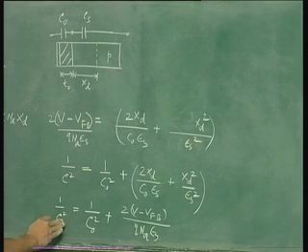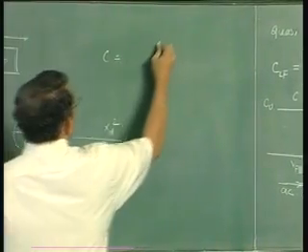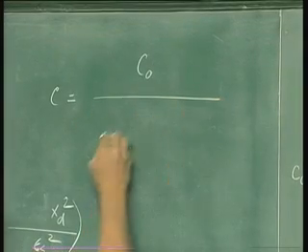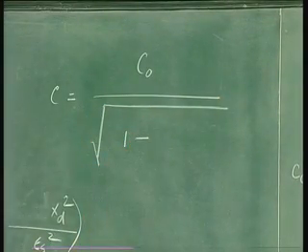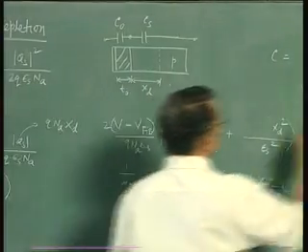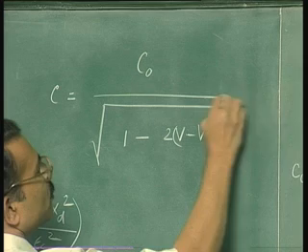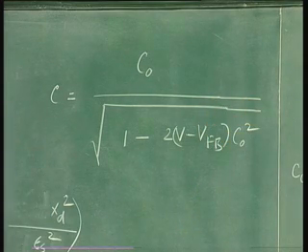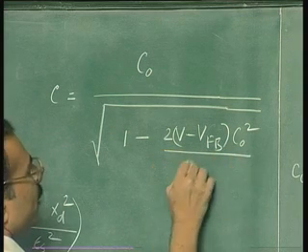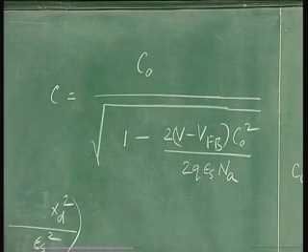You can write this equation in a straightforward manner as C is equal to C0 by square root of 1 minus 2 V minus VFB into C0 square by Q epsilon S Na.